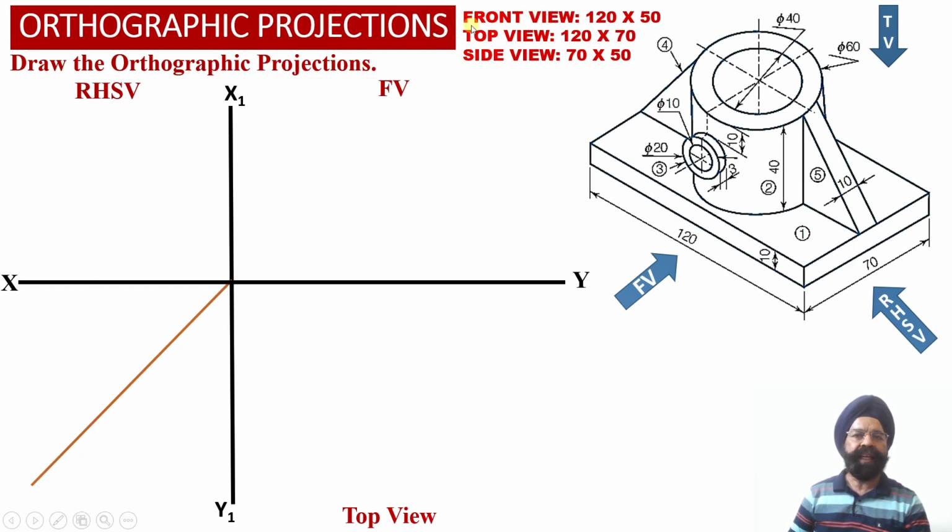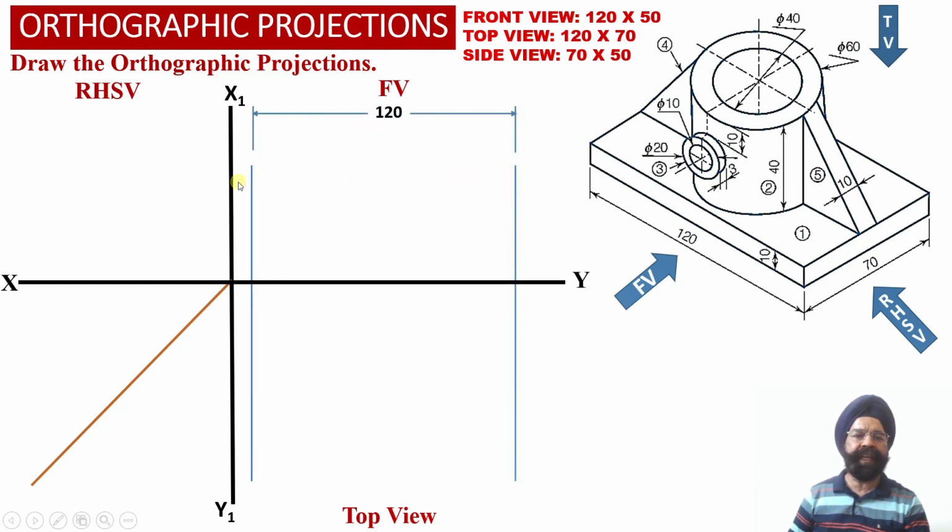Now we know that the front view face of the solid has dimensions 120 millimeter width and 50 millimeter height. So we have to draw two vertical projector lines in the front view orthographic projection which are separated by a distance of 120 millimeter, which is equal to the width of the solid.